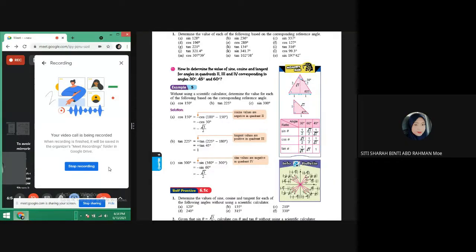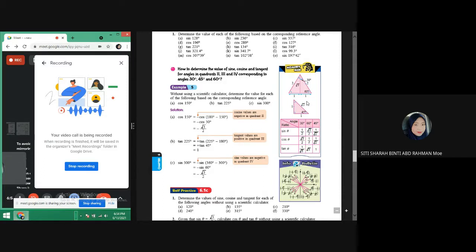Okay, so next we want to discuss 6.1c, which is about determining the value of sine, cosine, and tangent without using the calculator. For this one, we use two types of triangle.